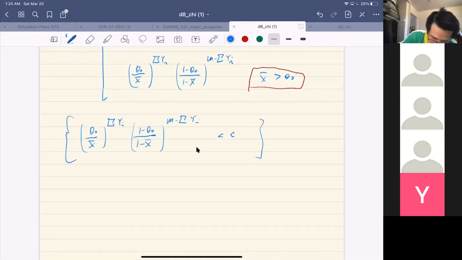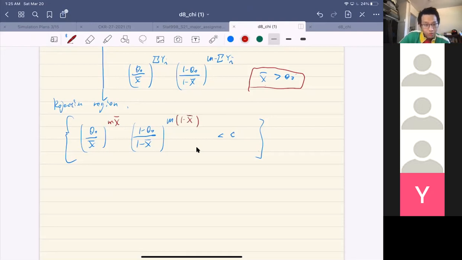Okay. It's a rejection region. And we want to reduce this to a better form. So let's write this as n times s bar, 1 minus s bar.